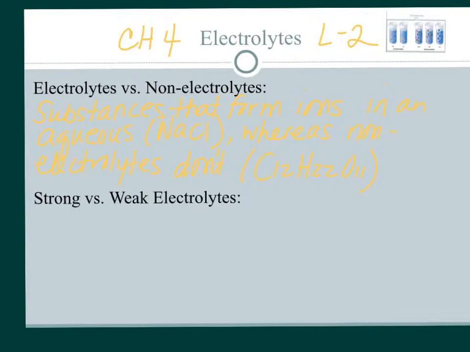So what is the difference between strong and weak electrolytes? Well, strong electrolytes almost completely dissociate in water, and we say that's about 99 to 100%.